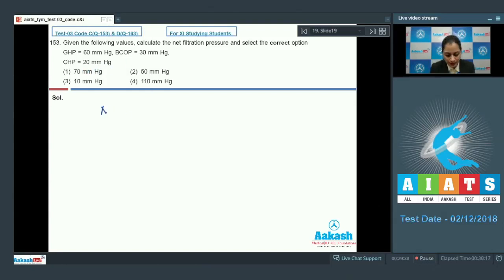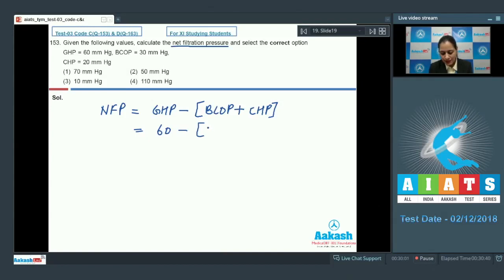And we know that net filtration pressure, also known as glomerular filtration pressure, is equal to GHP minus BCOP plus CHP. And this will be equivalent to 60 mmHg minus 30 mmHg plus 20 mmHg of CHP.